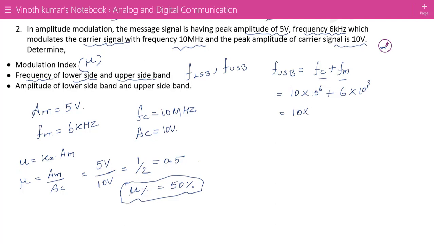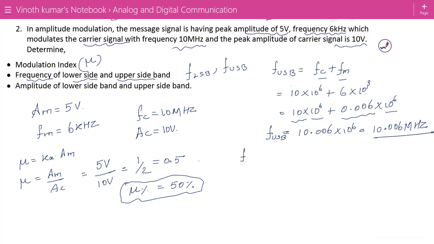So 10 into 10 to the power 6 plus, I can rewrite this as 0.006 into 10 to the power 6. So taking this common term out and adding 10 plus 0.006, we are getting 10.006 into 10 to the power 6, so the upper sideband frequency is 10.006 megahertz.